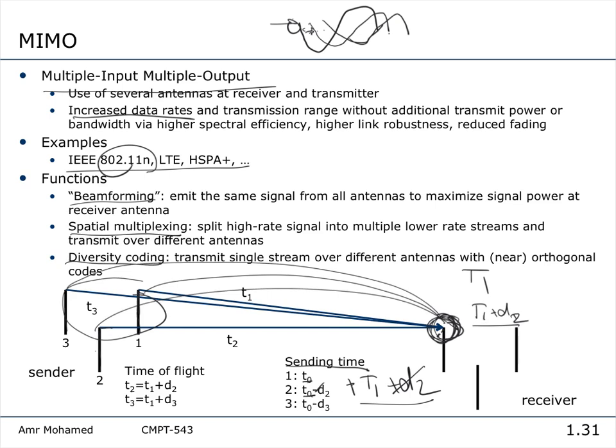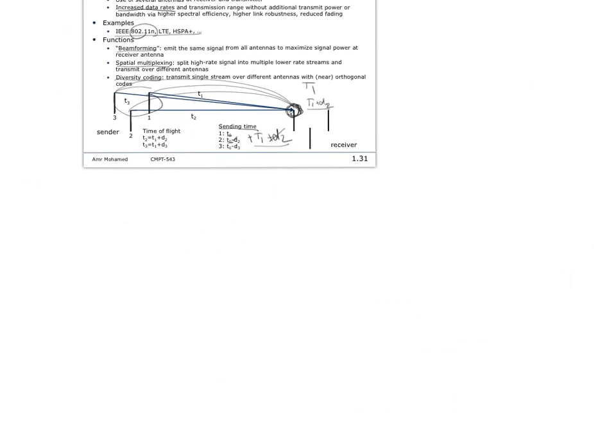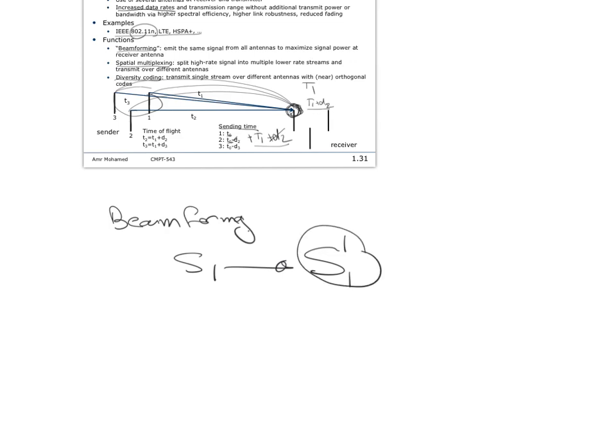So diversity coding is slightly similar to beamforming. In beamforming, signal 1 will have to be transformed into signal 1 dash, and this is actually a phase shift of signal 1.